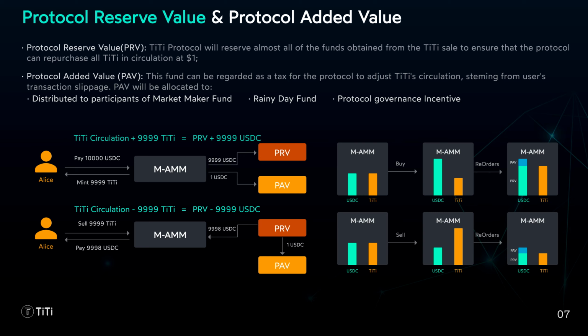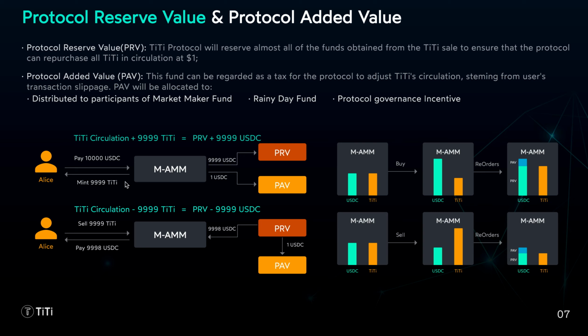Here is an example to illustrate the allocation process in the buy or mint condition. Take Alice as an example. When Alice spends about 10,000 USDC to exchange for TT in M-AMM, assuming that the relationship between the amount of USDC and TT in the pool is 1 to 1, that the price is $1, due to the transaction slippage, Alice can get 9,999 TTs.